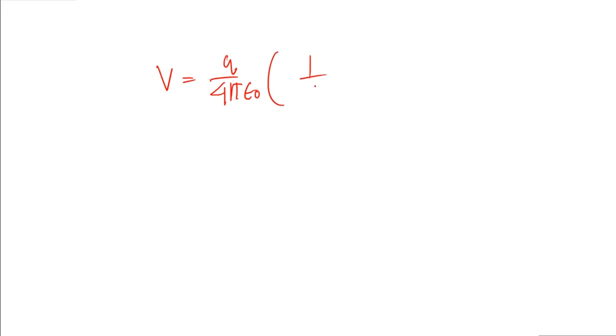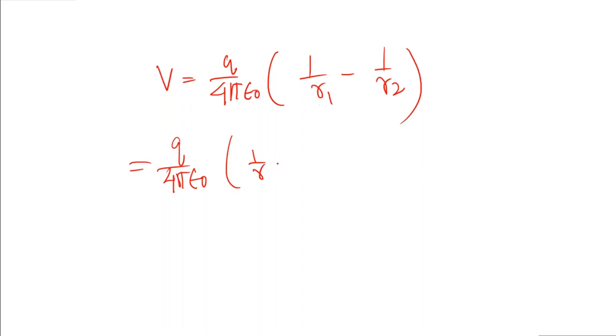For r1 we have 1 by r, plus a by r was there, so it will be r square now, because you have to multiply r inside for r1.